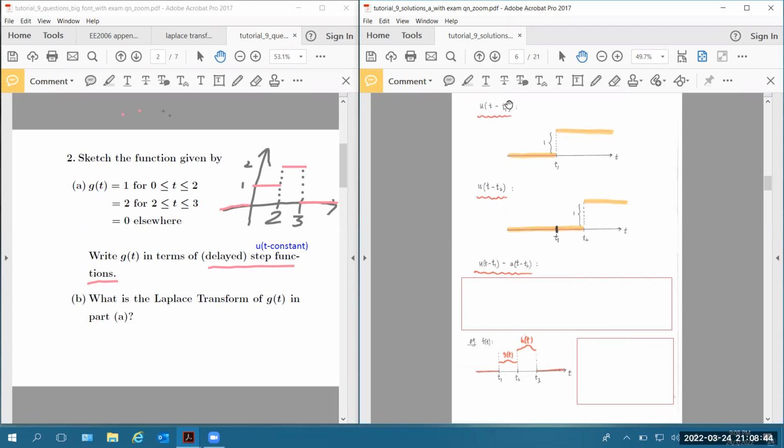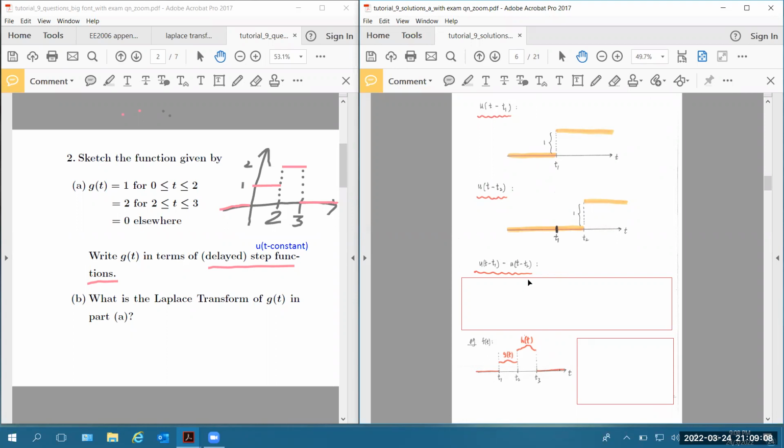I want to take the first one minus the second one. If I take the first one minus the second one, can you all see how it is going to look? You've got t1 here, you've got t2 here, right? Below t1, what is the value of this function?